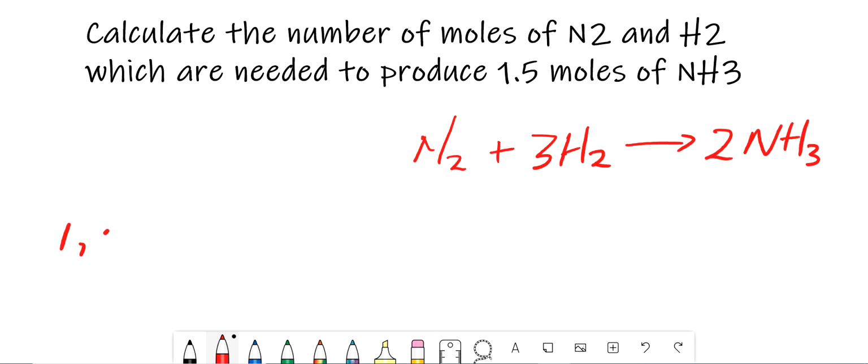So you will have 1.5 moles of ammonia multiplied by the mole ratio, the same thing we used before. Let's start with the nitrogen.